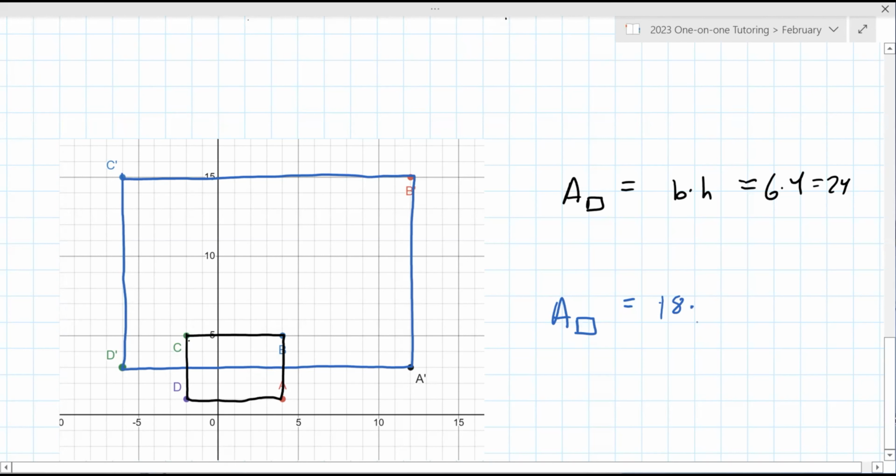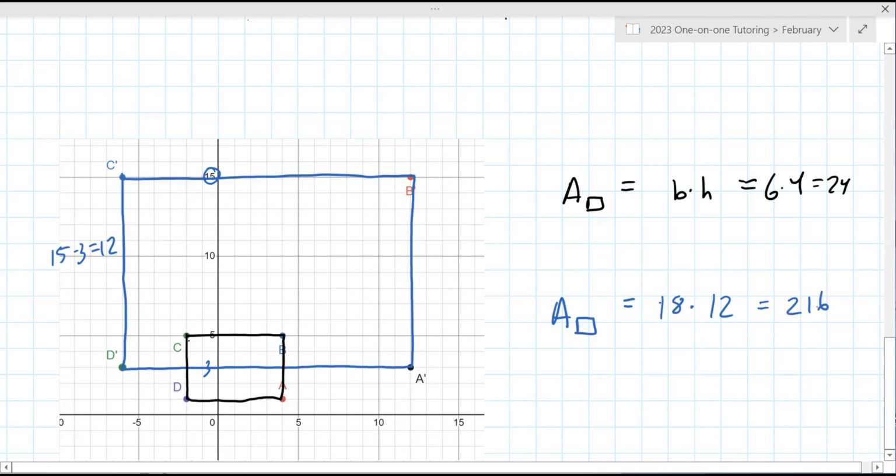I think it's 12. It's because you're starting at 3 and you're going up to 15. Oh, so 15 minus 3 gives you 12. The other one was right though. It's 18. So go ahead and multiply those together, please. Okay. 216 squared.